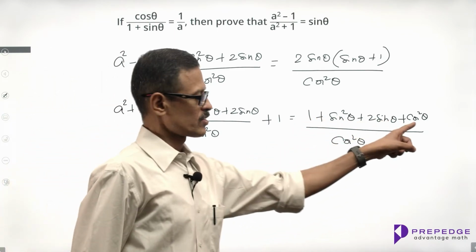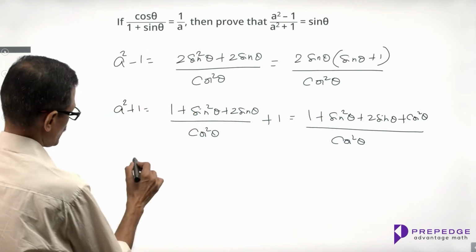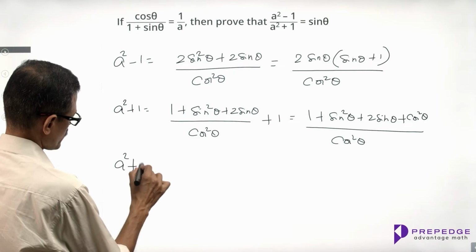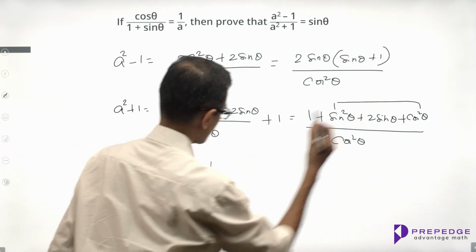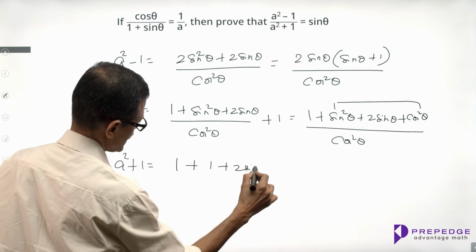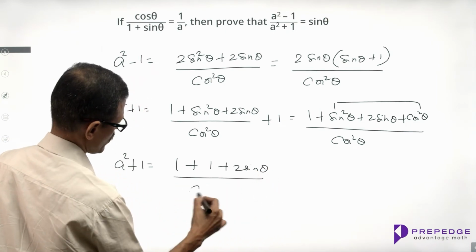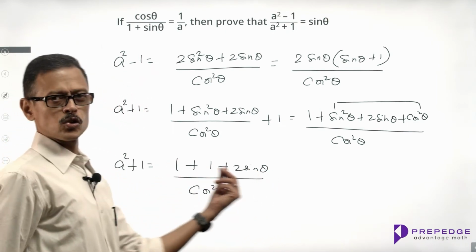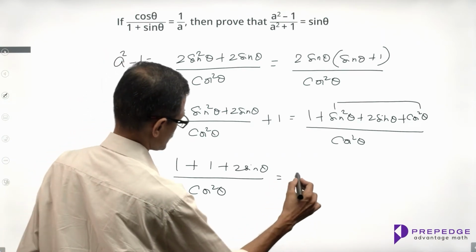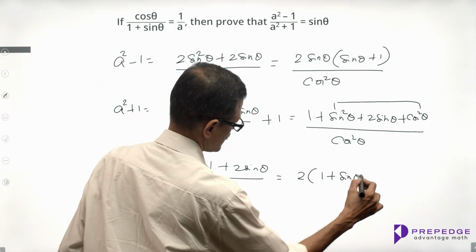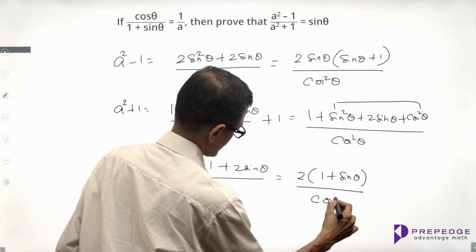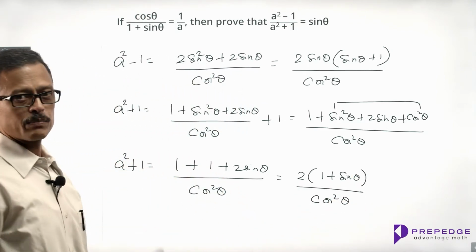Sin square theta plus cos square theta is equal to 1. So you have a square plus 1 is equal to 1 plus 1. இது ஒரு 1 ஆயிடும். Plus 2 sin theta divided by cos square theta, which is 2 plus 2 sin theta. 2 a common எடுத்தோம்னா this is going to be 2 into 1 plus sin theta divided by cos square theta. So this is a square plus 1.